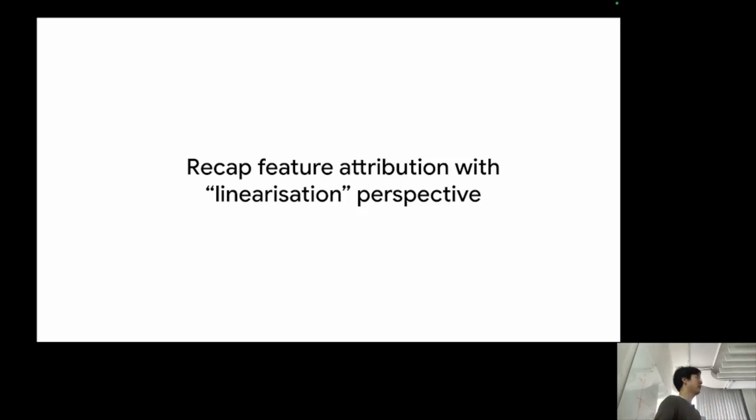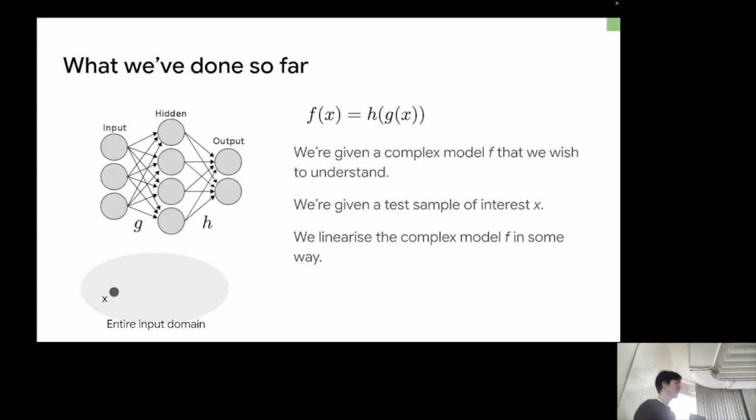Linearization perspective. Last time we covered all these cases, like input gradients and so on, from the angle of counterfactuals. What if you change some of the features, and what's the response of the model because of that.